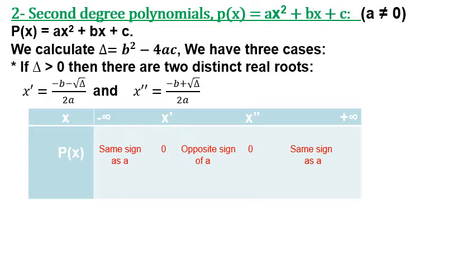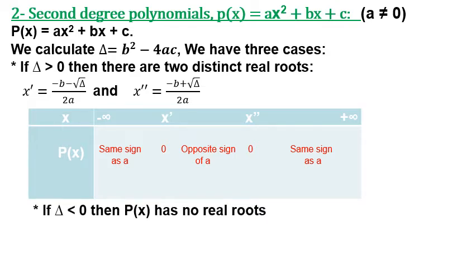Between the two roots x prime and x double prime, the sign of p of x is the opposite sign of a, where a is the coefficient of x power 2, and before x prime and after x double prime the sign of p of x is the same sign as a.